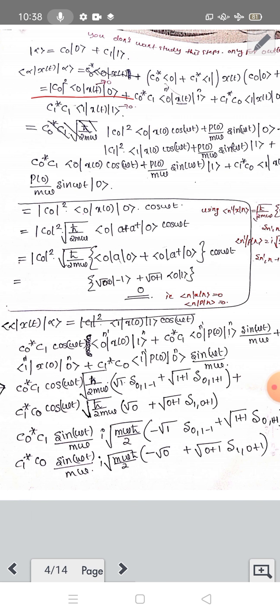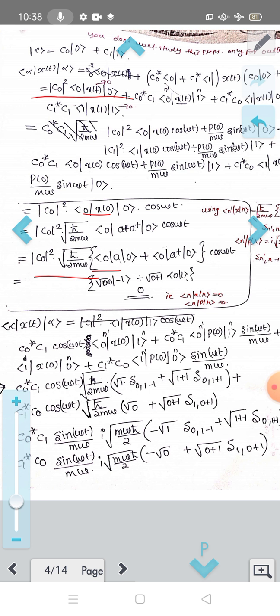Putting the value of x of 0, that is mod c0 square root of h cut by 2 m omega, bra 0 a plus a dagger ket 0 cos omega t. So it is bra 0 a ket 0 plus bra 0 a dagger ket 0, times cos omega t.